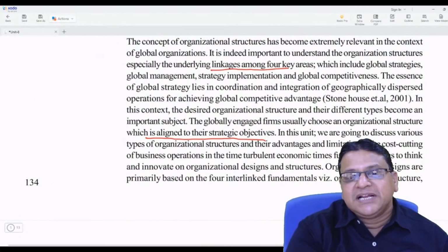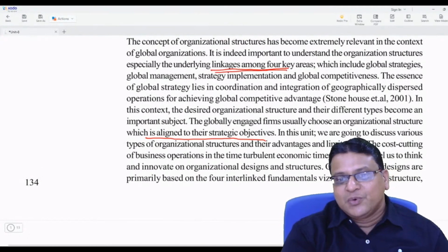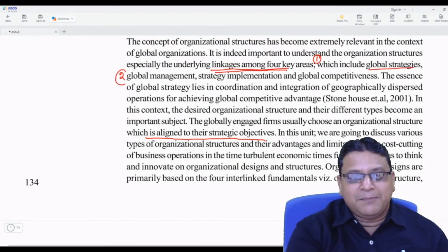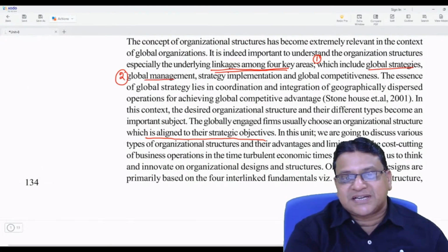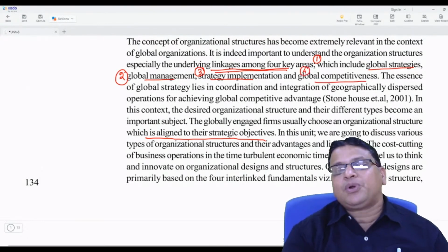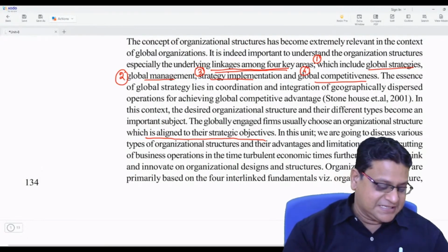What are the 4 areas linked by organizational structure? One is global strategies. Second is global management. Third is strategy implementation. Fourth is global competitiveness. These 4 things must be linked with the organizational structure.